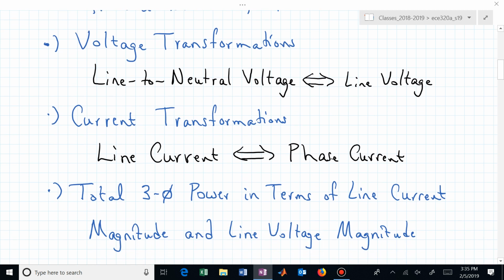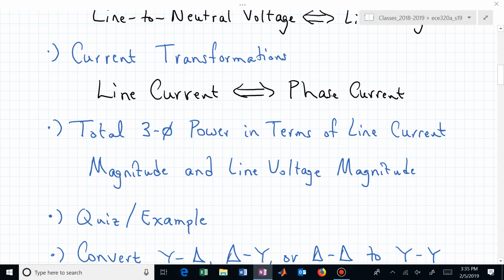Then we will actually start looking at formulas that allow us to always just use line current magnitude and line voltage magnitude to actually compute the total three-phase power, be that total real power, total reactive power, or total complex power. We can do that with simple magnitudes.